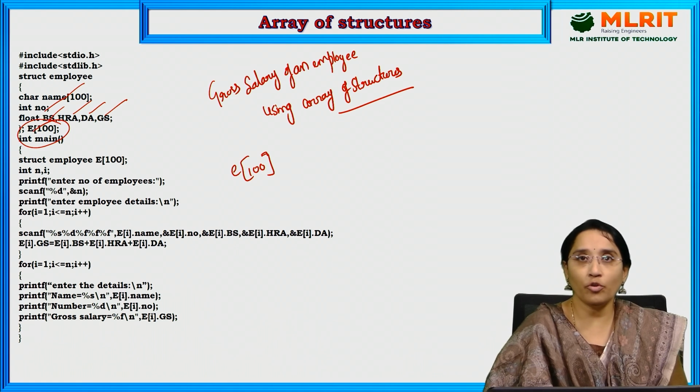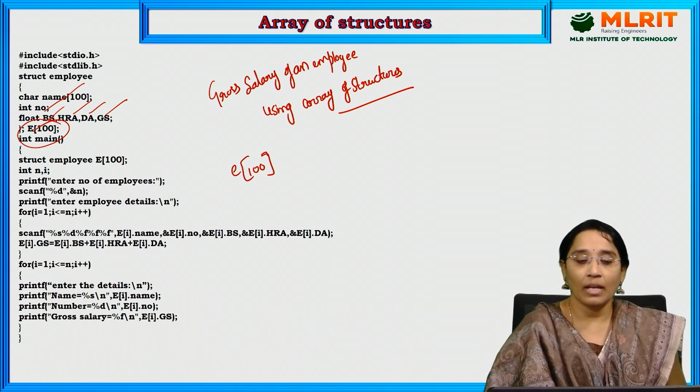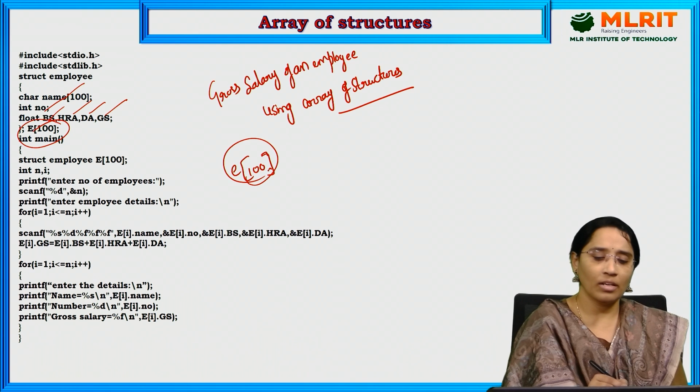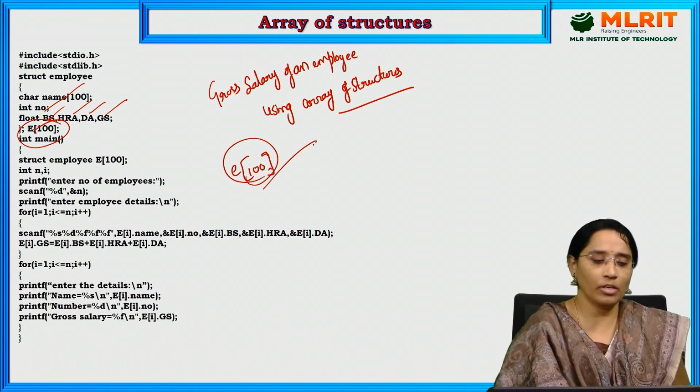If you use the normal structure concept like E1, E2, E3, and so on up to E99, E100, it's different, right? You can't define your structure variables like that. So for that you will use the array of structures concept, and directly you can declare it like this: E of 100.